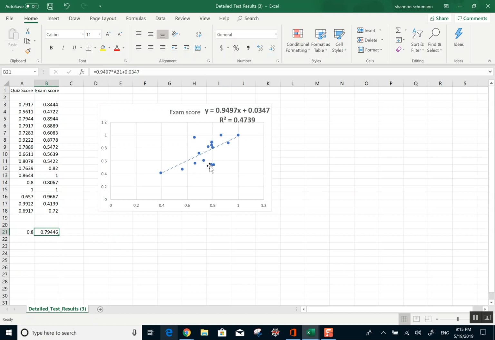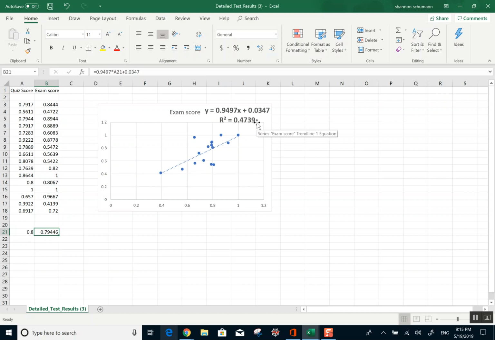Okay. There's another number on here that's also very important, and it's this R squared value here. This is called the coefficient of determination, but most people call it R squared. What this is a measure of is how scattered the points are. If these points were on a perfect straight line with no randomness at all, my R squared would be 1.